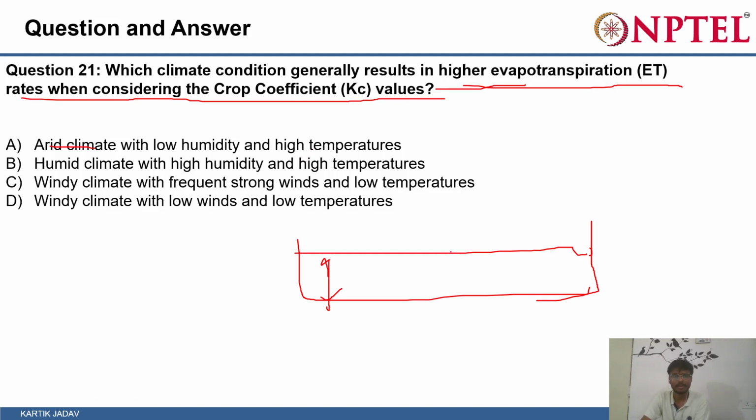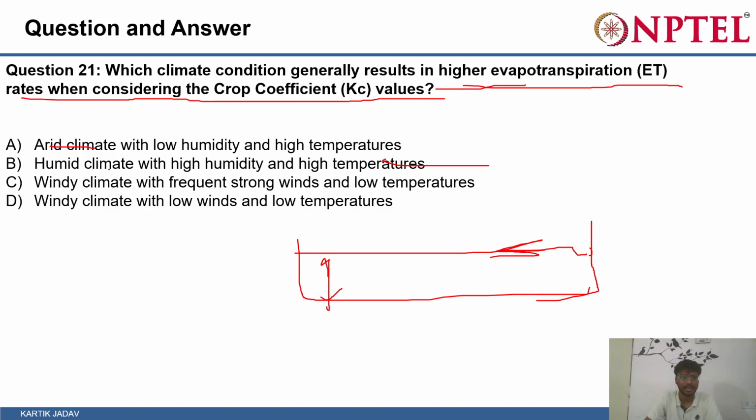In arid climates there is a high temperature, and if the humidity of air is less, it means at this water surface there is a saturated water vapor pressure, and the vapor pressure that occurs in air differs; this difference causes the evapotranspiration. So if this difference is higher, in that case evapotranspiration will be higher.